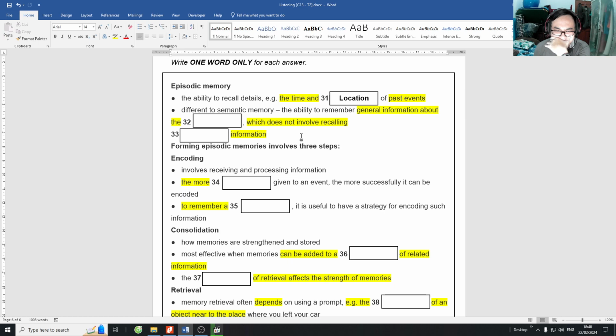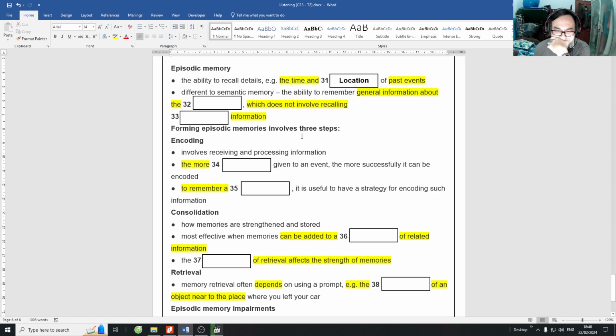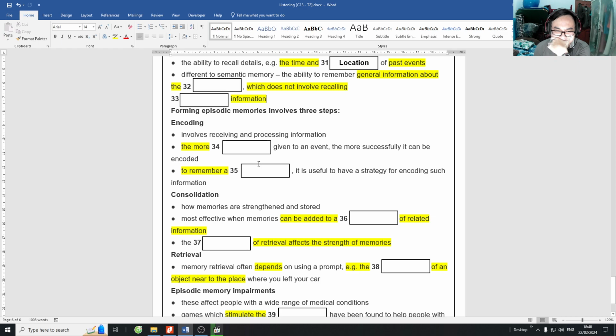Episodic memory can be thought of as a process with several different steps of memory processing: encoding, consolidation, and retrieval. The initial step is called encoding.